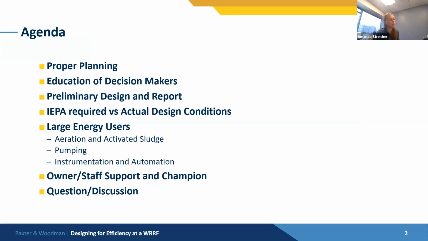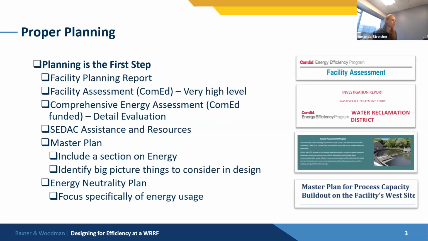So we'll go through the proper planning to put in place, education of decision makers as a critical impact, preliminary design and reports, IEPA required versus actual design. Those are some of the points Sean just touched on as well. Looking at some of your large energy users, then owner and staff support and champion, and then we can have our discussion with the group.